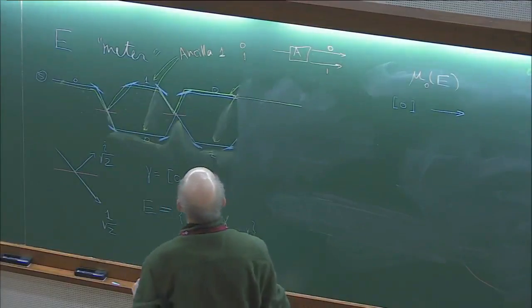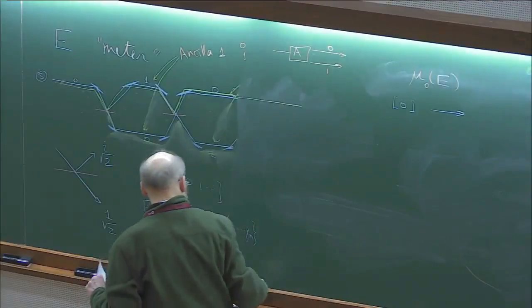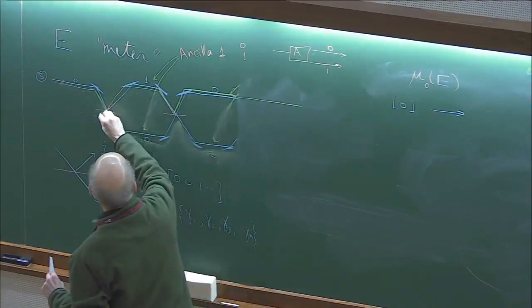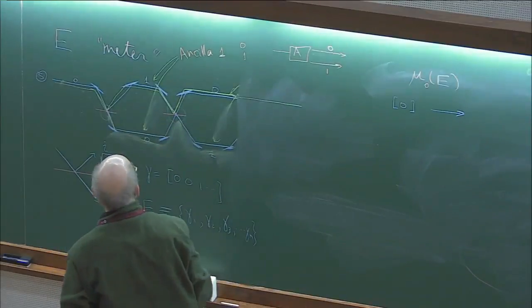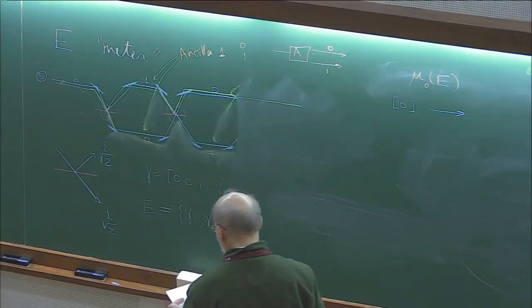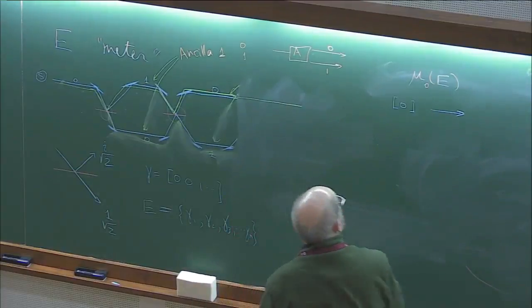So if it follows this history, there are two interesting events where it reflects off here, and in both cases it reflected. So what happened? It was in beam 0.